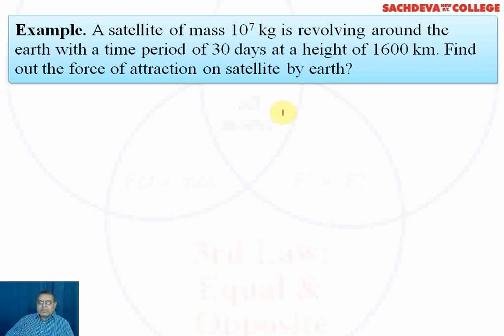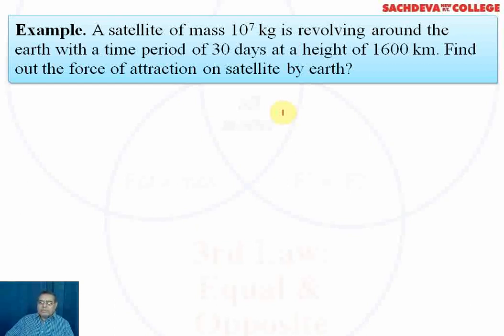Another part of the question is that the time period is 30 days. So we multiply 30 days by 24 because each day has 24 hours, which gives the number of hours. But we have to express time in seconds, so we multiply the number of hours by 3600 to get seconds.